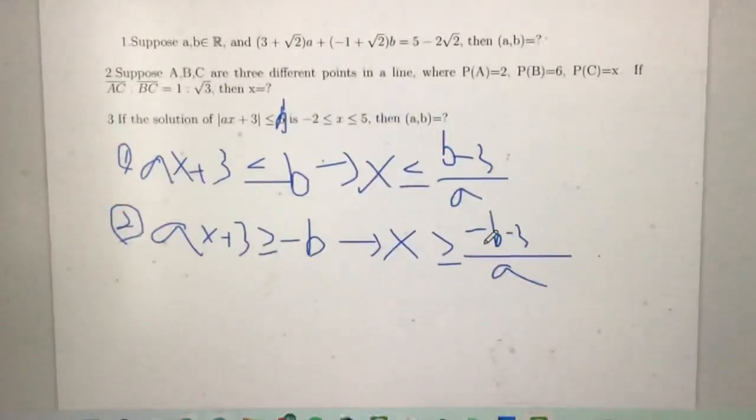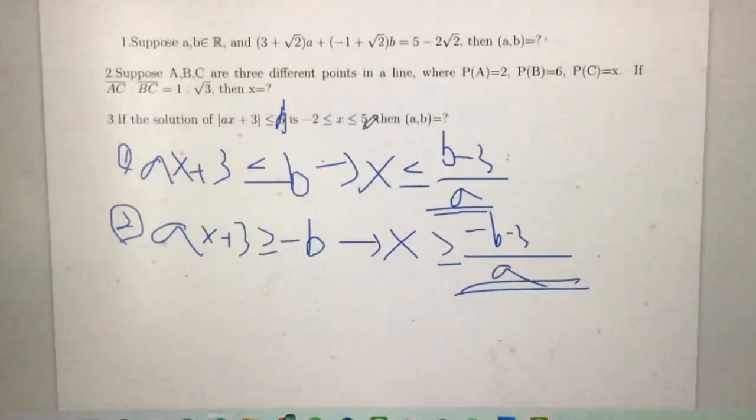So we can easily say this is the lower bound of x, this is the upper bound of x. So the lower bound of x is minus 2, and the upper bound is 5.